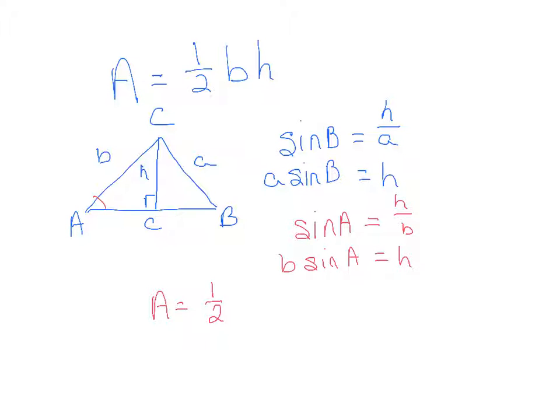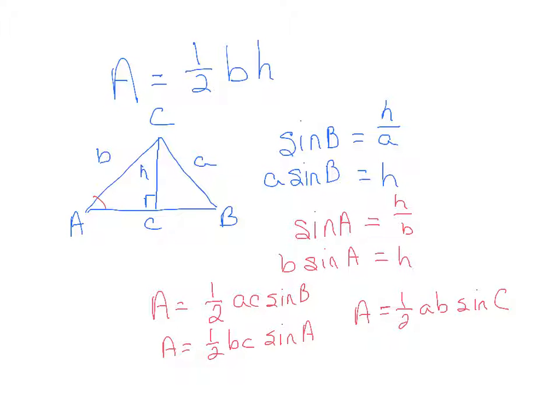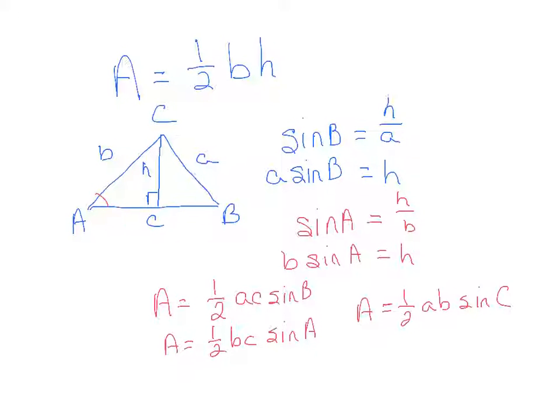In other words, we could have three different formulas: half of AC times the sine of angle B, or area equals half of BC times the sine of angle A, or area equals 1/2 of AB times the sine of angle C. So it's one of those three forms of that formula that we will use to find the area of a triangle.